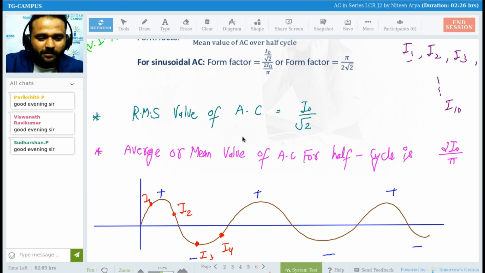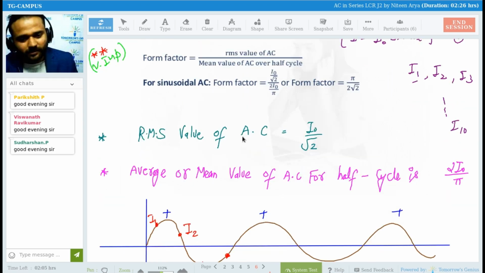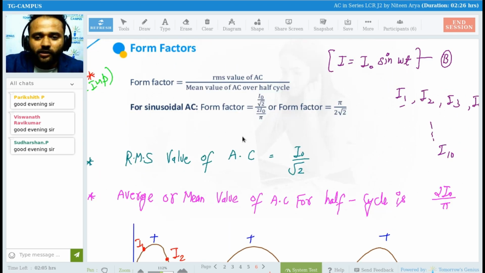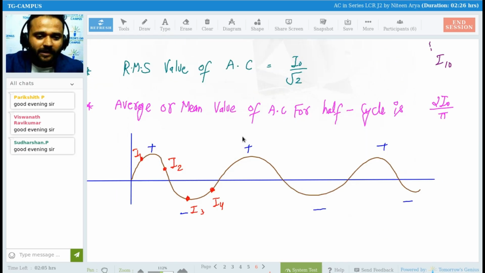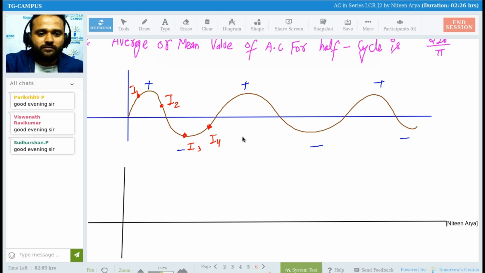It seems so easy, but it is not in general. So form factor for now, why should I repeat all this? Because this I naught by root 2 or 2I naught by pi is only and only for sinusoidal. If I change my AC to a sawtooth, okay, what is a sawtooth? In the previous class we saw this kind of thing.